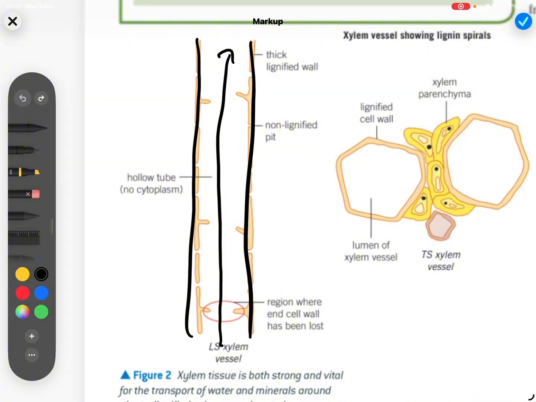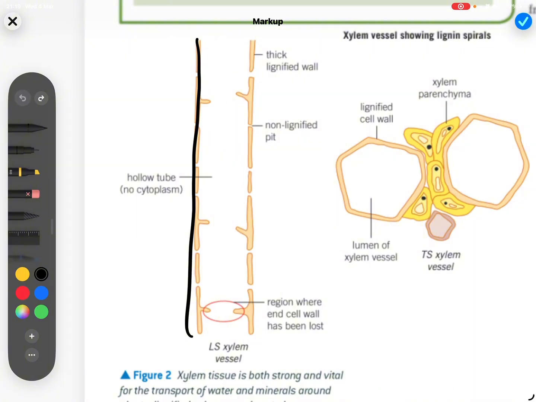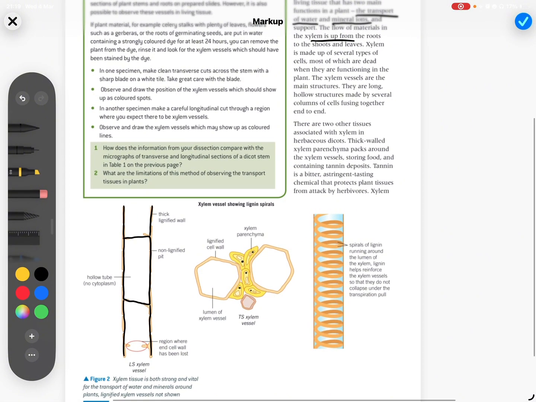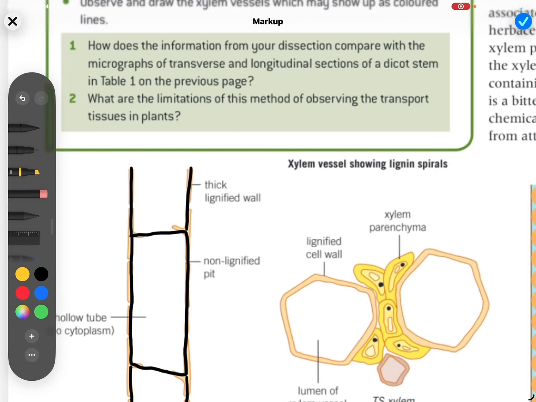But actually, it's a cell here, another cell here, another cell here. And what happens is the ends of the cells, as it states, they are long, hollow structures made by several columns of cells fusing together end to end.